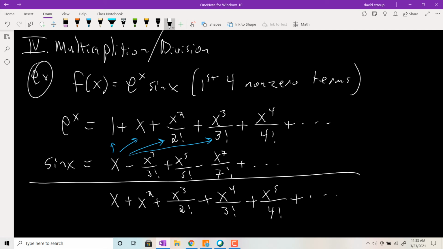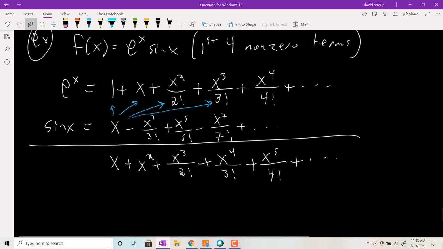Just go long enough so you think you'll get the first 4 non-zero terms. Worst comes to worst, you can add a couple in where the dots are. Okay, so that's the first term. Then you go on to your second term and distribute that through.